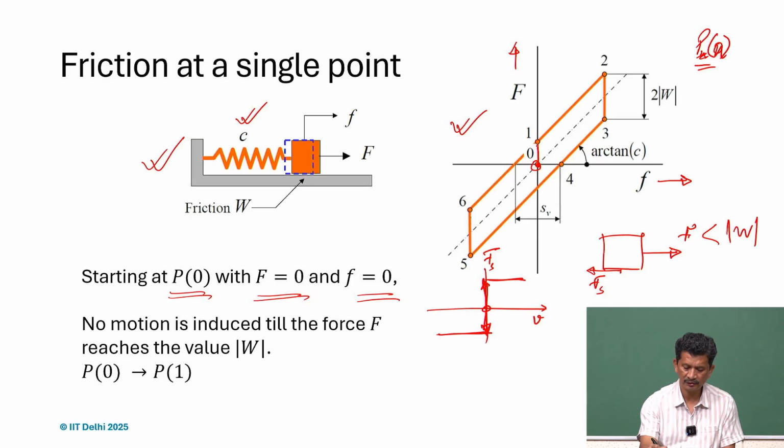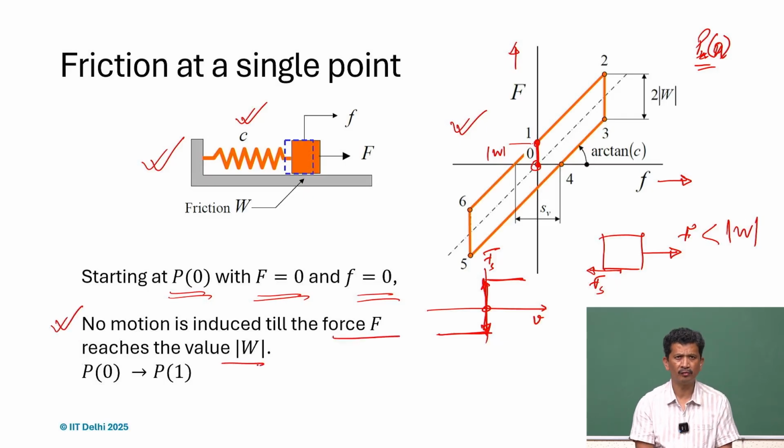Force will increase till this point, and this is W. So till it reaches, there is no motion. So no motion is induced till the force F reaches the value W, and this case is P0 to P1.